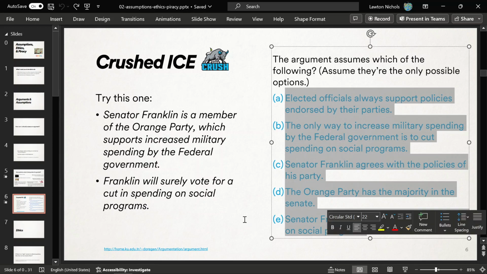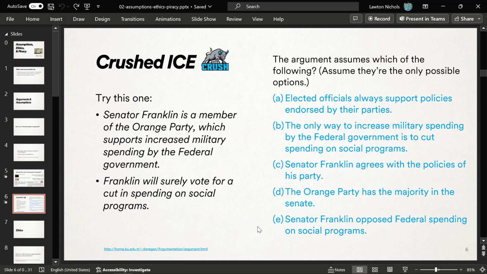Okay, so pick it apart, see if you can figure it out, and we'll come back and discuss. Right? It's a little subtle. See if you can figure it out. There's one good option. There's one best option. I promise.